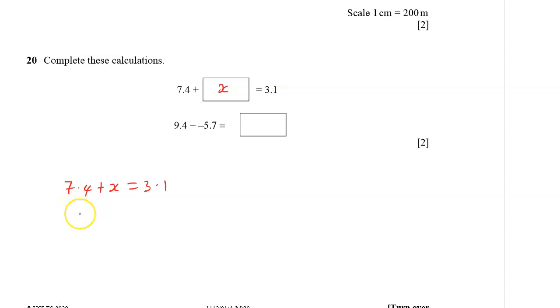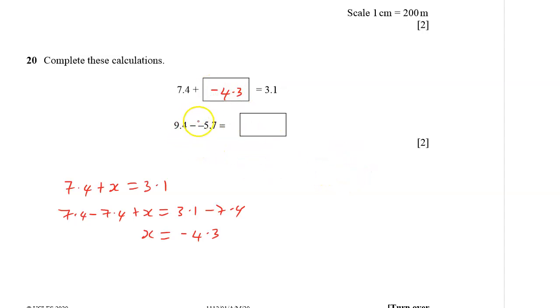To get what is x, we minus 7.4 both sides. 7.4 minus 7.4 plus x is equal to 3.1 minus 7.4. And 7.4 minus 7.4 gives us 0, so x there. 3.1 minus 7.4 gives us minus 4.3. Therefore, our x here is minus 4.3.